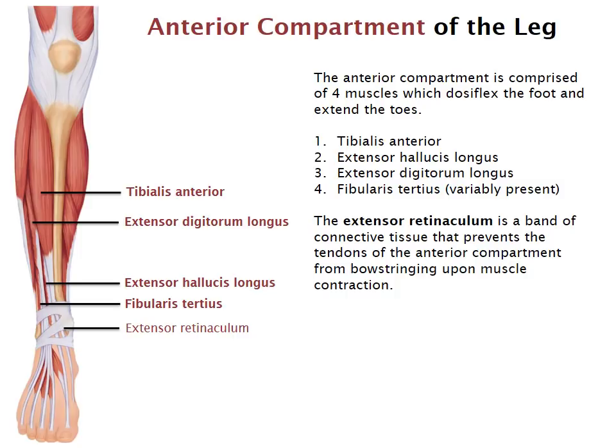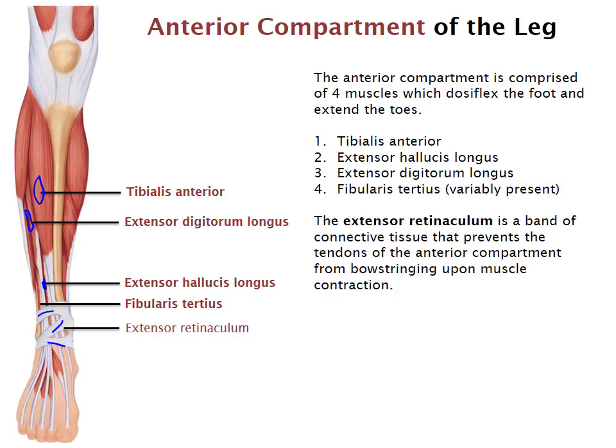The tendons of these muscles cross the talocrural joint and are held in place by this extensor retinaculum. The tibialis anterior muscle and the extensor digitorum longus muscle are more superficial than the extensor hallucis longus muscle, which is difficult to appreciate here in this picture.